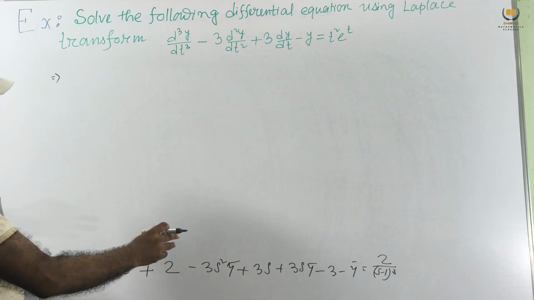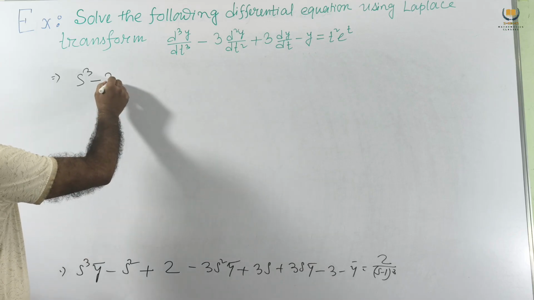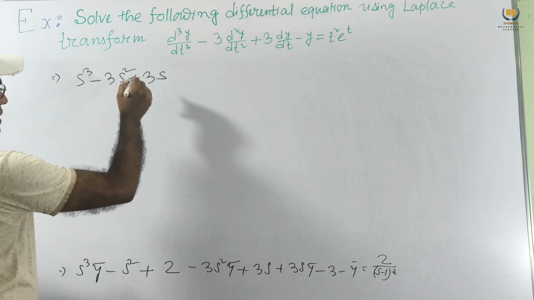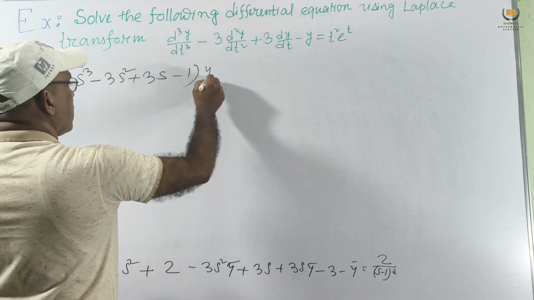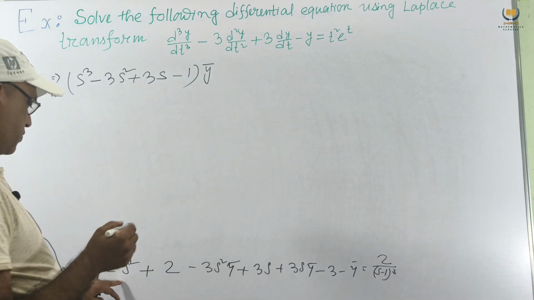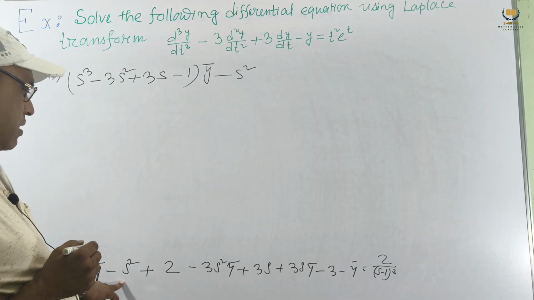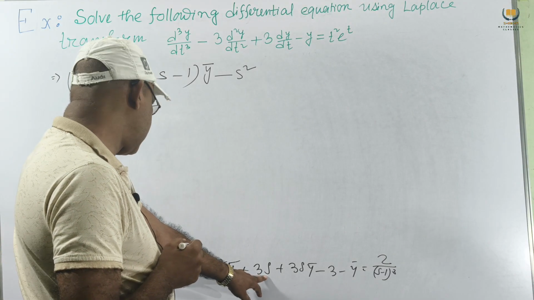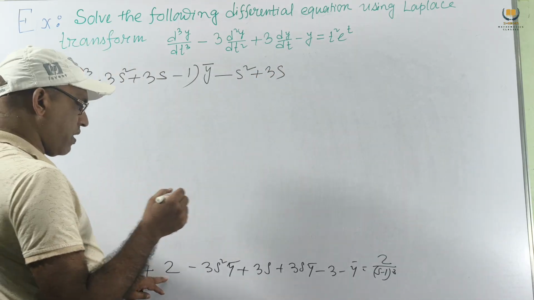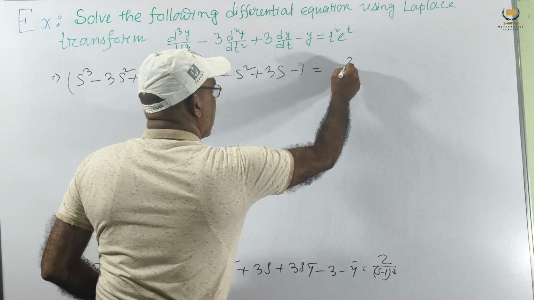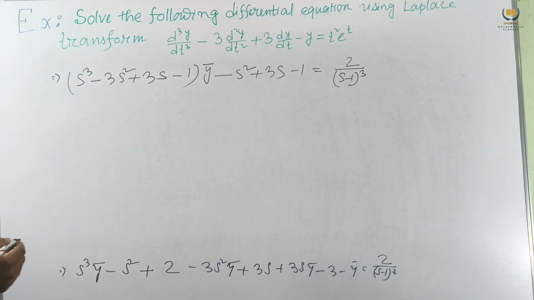Taking ȳ common, then s³ minus 3 s² plus 3 s minus 1 times ȳ, and on the other side s² minus 3 s plus 1, and 2 minus 3 is minus 1, and right hand side 2 by (s minus 1)³. We get this.